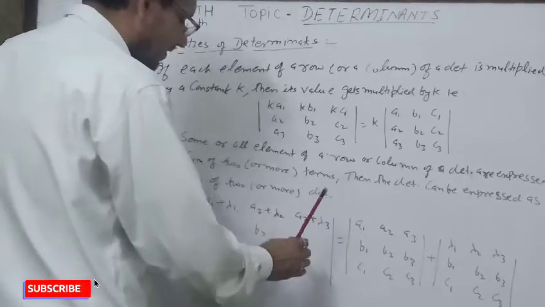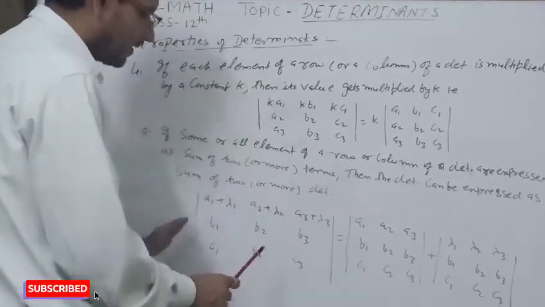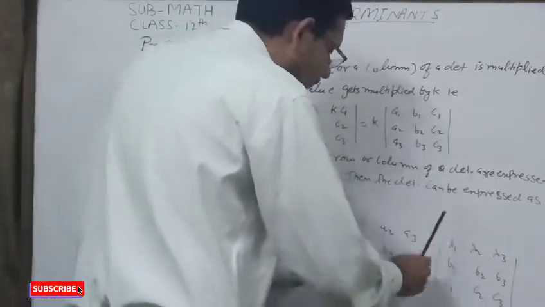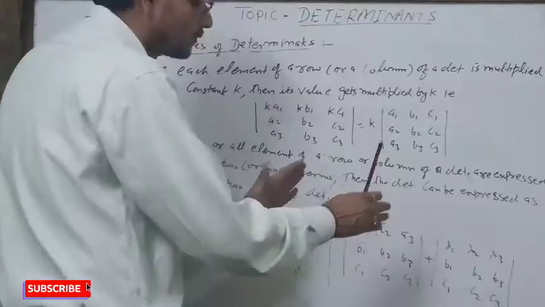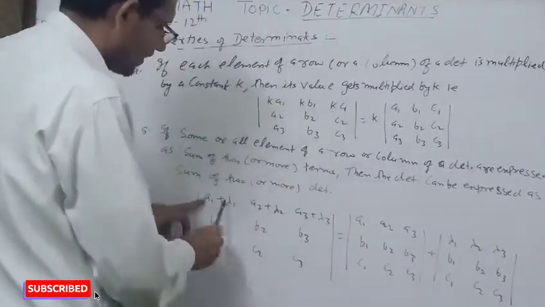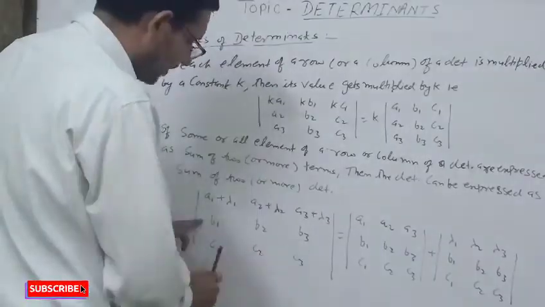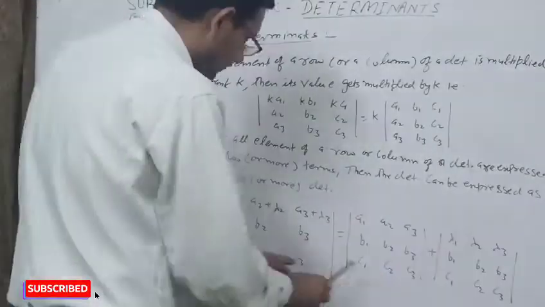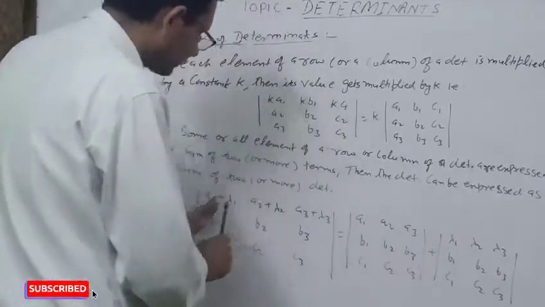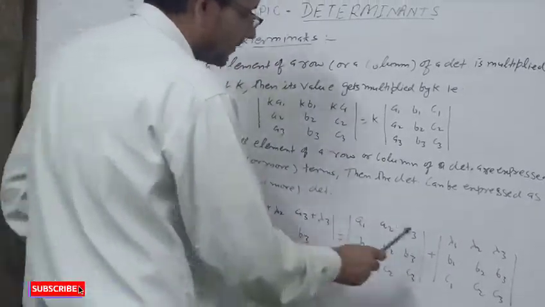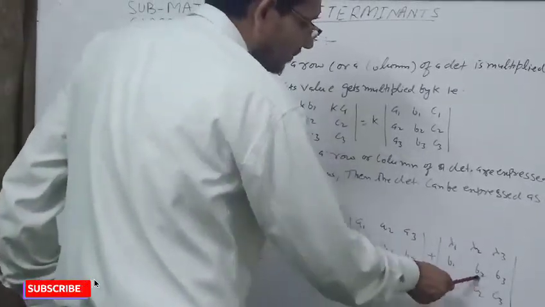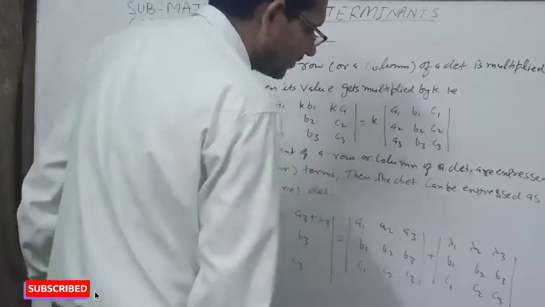We have to express this determinant as the sum of two determinants separately: A1, A2, A3, B1, B2, B3, C1, C2, C3 plus lambda 1, lambda 2, lambda 3, B1, B2, B3, C1, C2, C3. The remaining elements are the same.